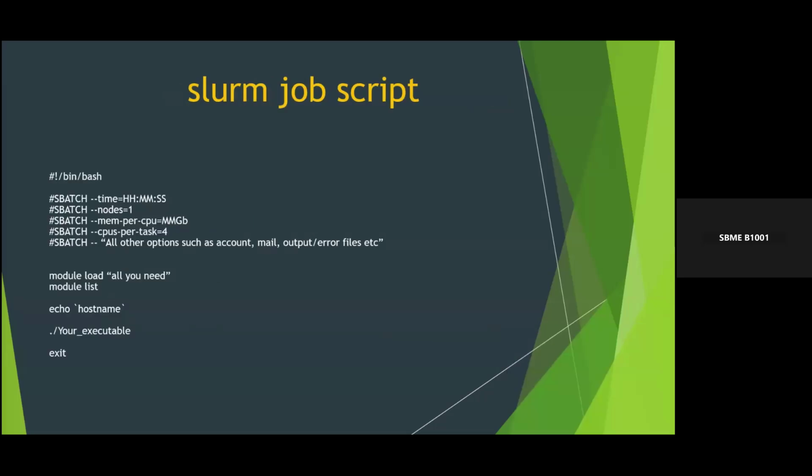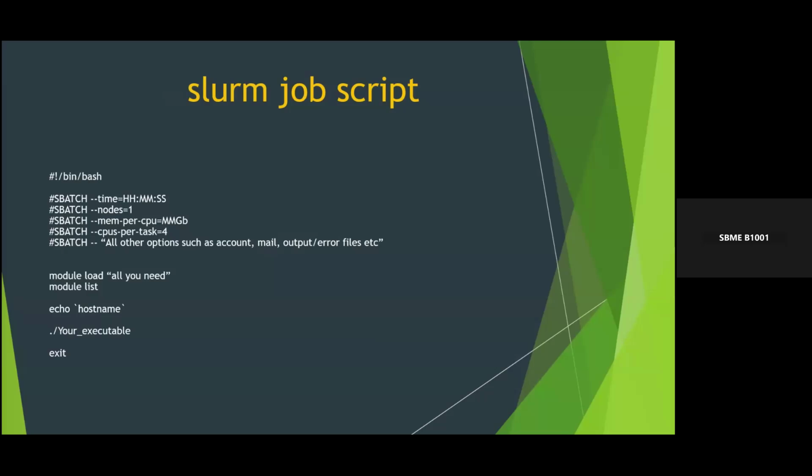So what is the first step of using Slurm and running on an HPC system? You have to create a Slurm job script, okay? And the first line is basically the shell in which you will write your script. That's what Jacob was talking about this morning.